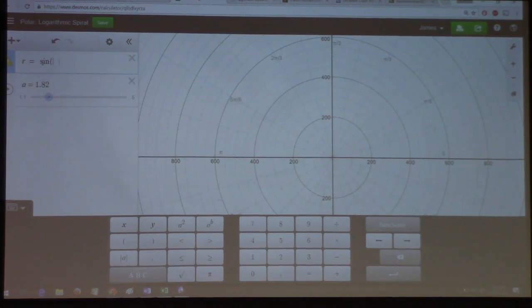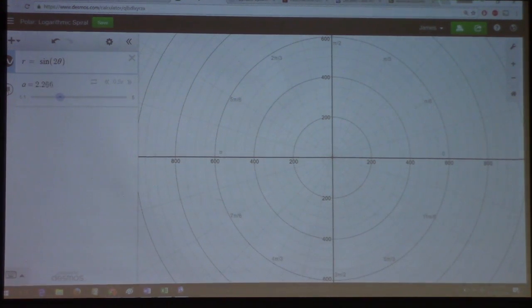Sine of what? 2 theta. No, this is no good. Sorry, guys.